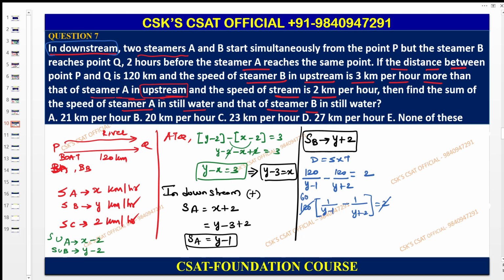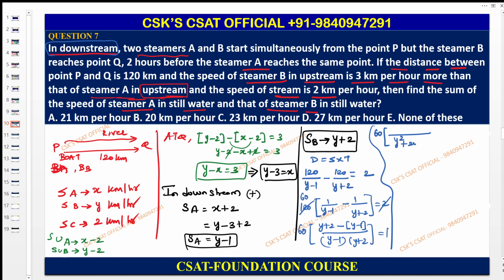So what is the distance? 120 by the speed of A in the downstream. Okay. Why are we taking a downstream here? Please understand, the question itself mentions a downstream. Okay. Now 120 by y minus 1 minus 120 by y plus 2.